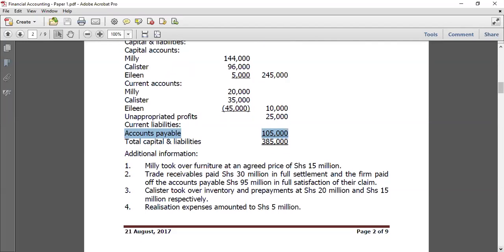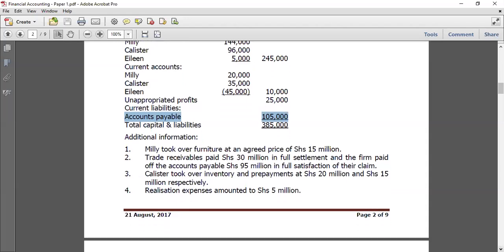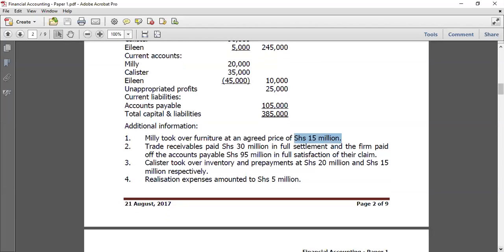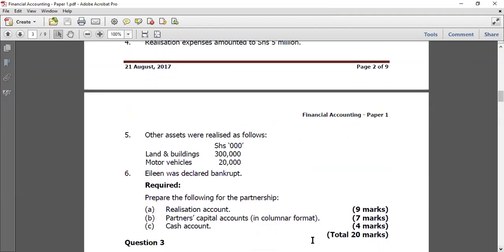Now that I have that, mine is now to action the realization of what has come through. They are telling us that Millie took over furniture at an agreed price of 15 million. For me to work on this additional information, mine is also to draw up the capital account.